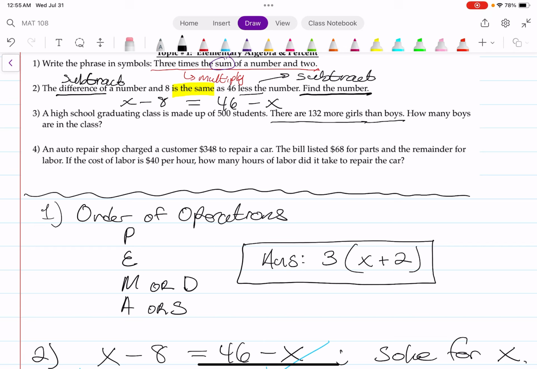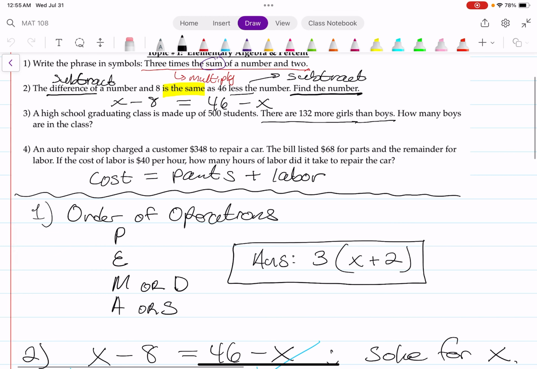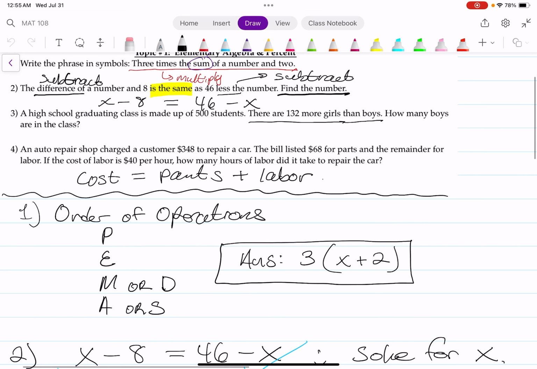Let's set up a basic equation for number 4 up here. Then we'll solve it below. So reading the question, the charge or the cost of repairing the car equals the parts plus the labor. We know the cost in this case.